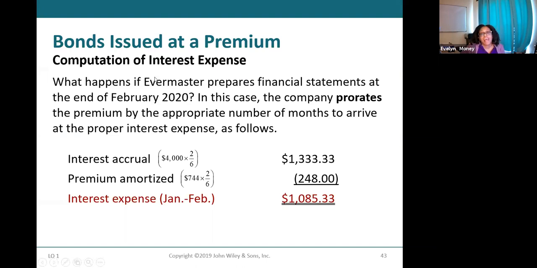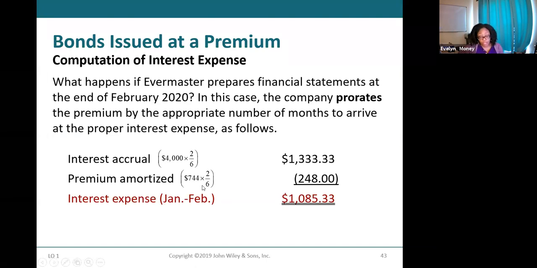Now, if the financial statements happen to be issued at a date other than a semi-annual interest payment date, then you do have to prorate the premium by the appropriate number of months to arrive at the correct amount.